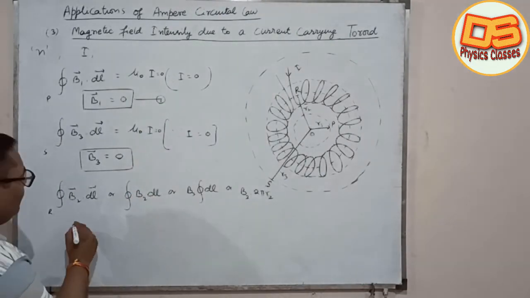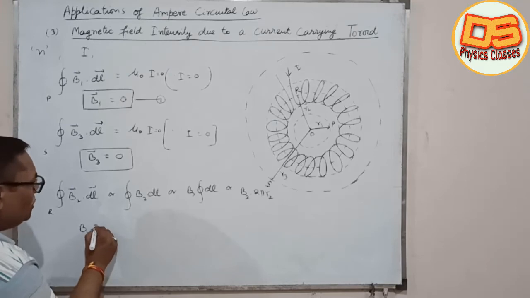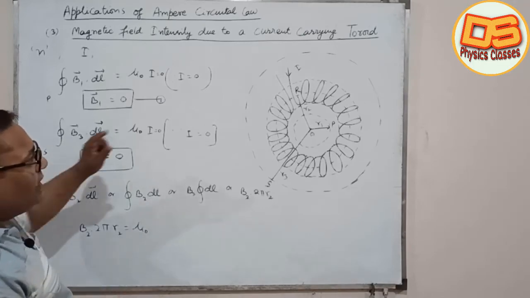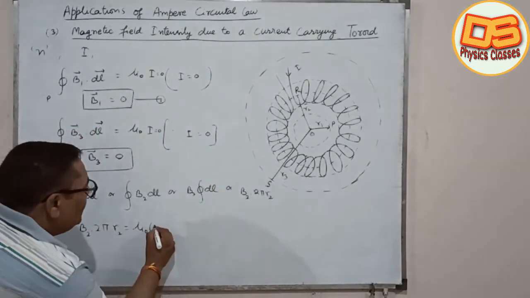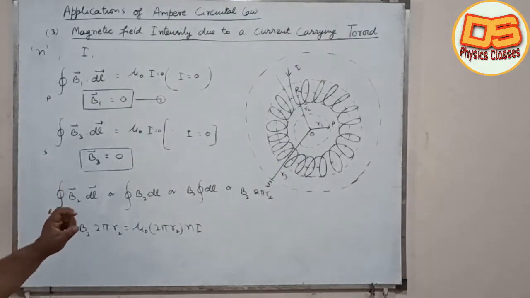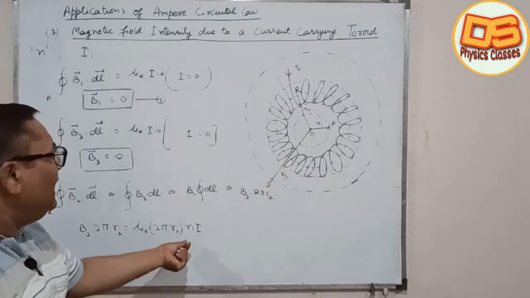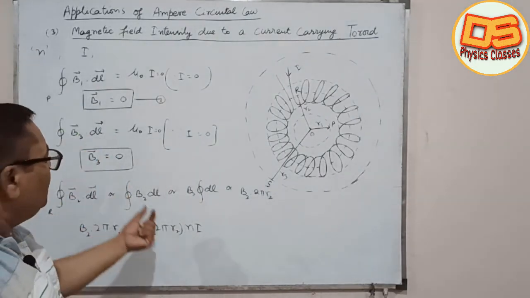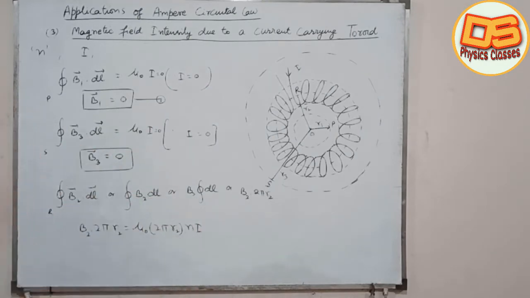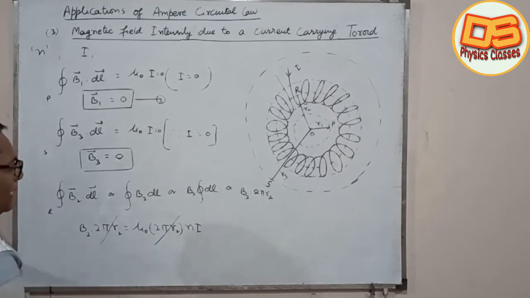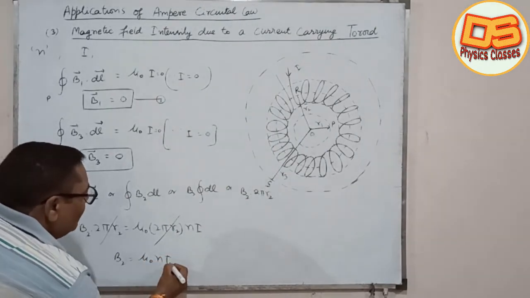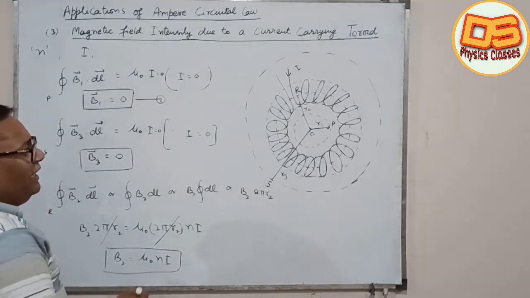And B2 into 2 pi R2 is equal to mu 0 times the current. There is a loop, and the value of the current is 2 pi R2 into n I. This is the value of the current. The reason: n is the number of turns per unit length, so as many turns as there are, that many times the current has circulated. That is 2 pi R2, this value cancels, and B2 is equal to mu 0 n I. This is the value of the magnetic field intensity.